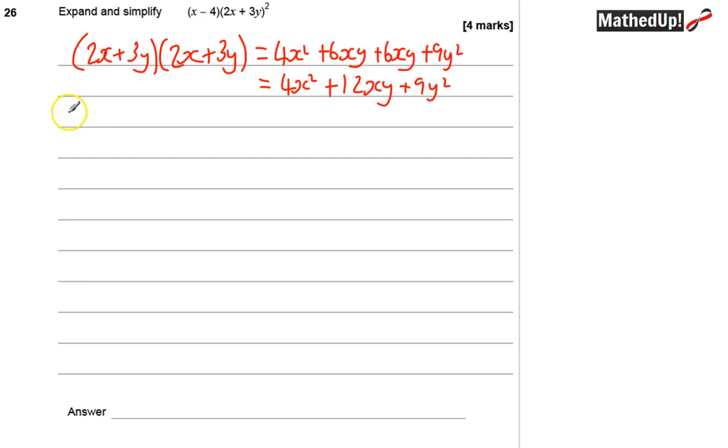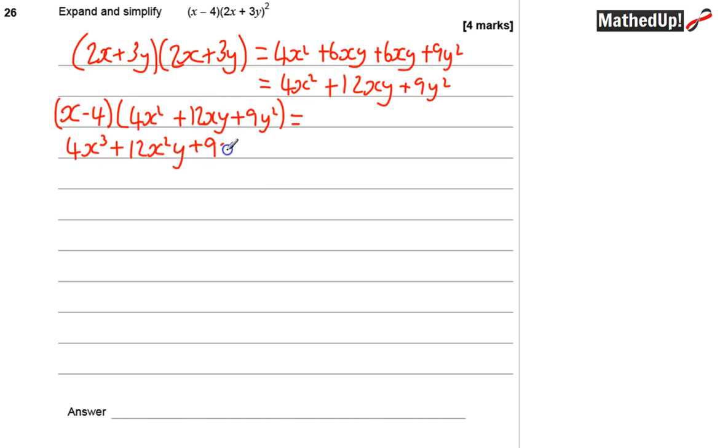So (x take away 4) times (4x squared plus 12xy plus 9y squared) is going to be equal to, and I'll do this down here, so x times 4x squared is going to be 4x cubed. x times 12xy is going to be plus 12x squared y. x times 9y squared is going to be plus 9xy squared.